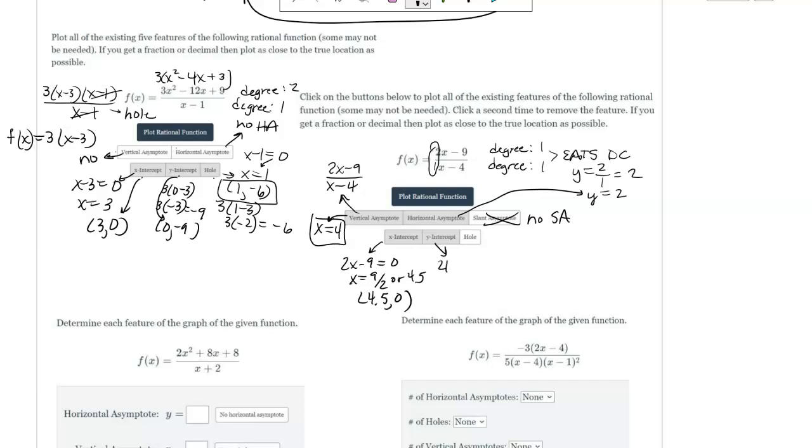I can plug in a 0 for x to get my y-intercept, and I get 2.25, -9 over -4. And there is no hole because I did not have any canceled out factors. And once you plot those points and move the line for those asymptotes, you should be able to plot the rational function.